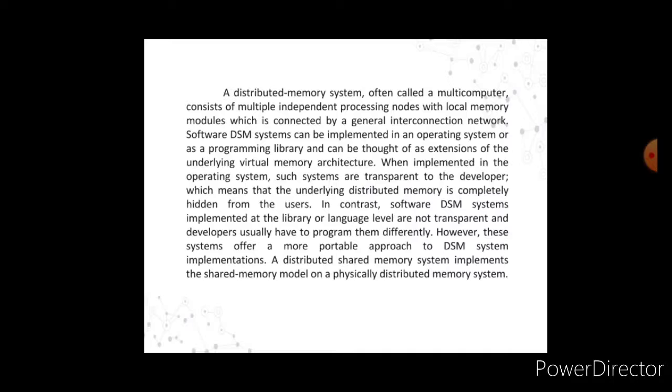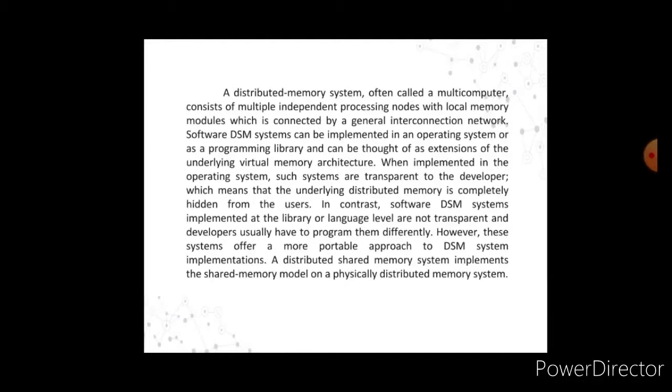In contrast, software DSM systems implemented at the library or language level are not transparent, and developers usually have to program them differently. However, these systems offer a more portable approach to DSM system implementations.